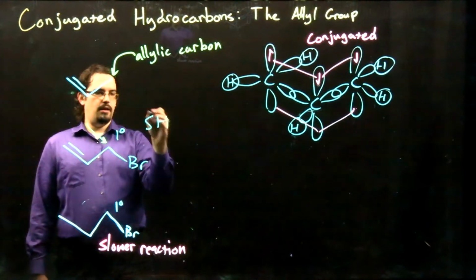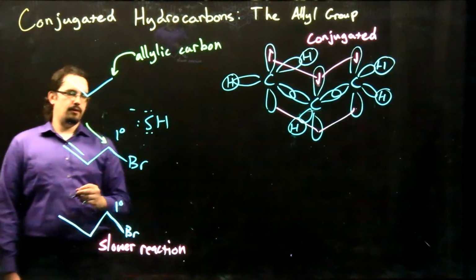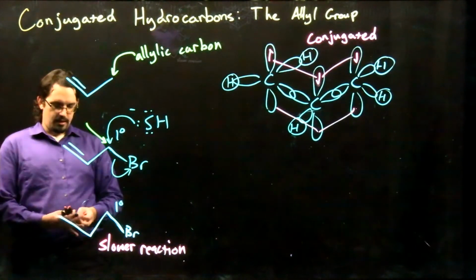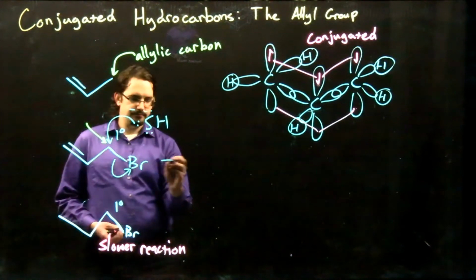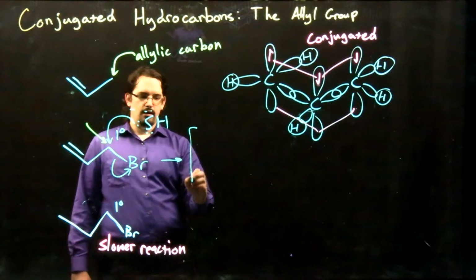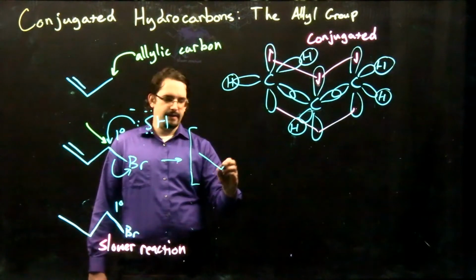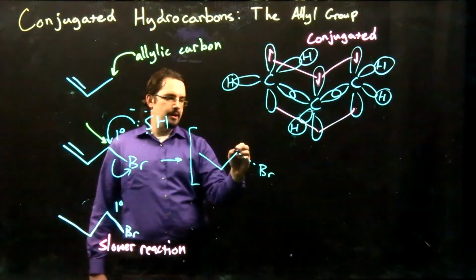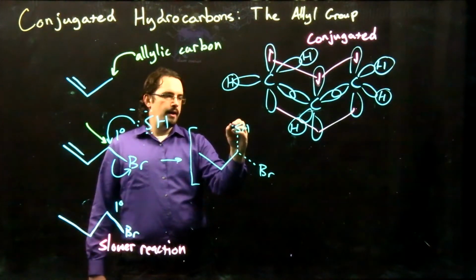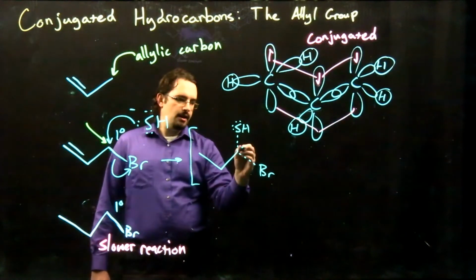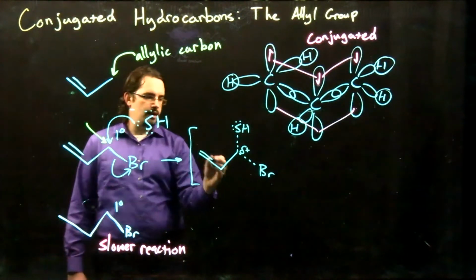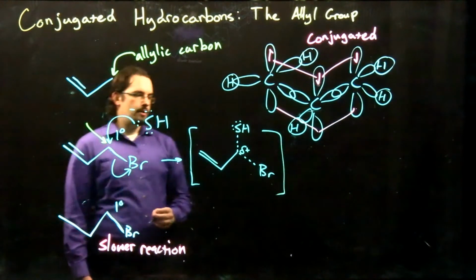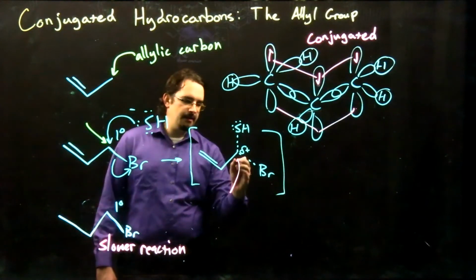All right, so if I bring in a good nucleophile, like my sulfide anion, this would attack, and this would break off. In my transition state, my transition state doesn't actually occur for any extended period of time, but as I'm kind of halfway through that reaction, my bromine is starting to break off while my sulfide is starting to attach, and I end up with a partial positive charge at that carbon, my allylic carbon, and this partial positive charge again is going to be stabilized by my conjugation.